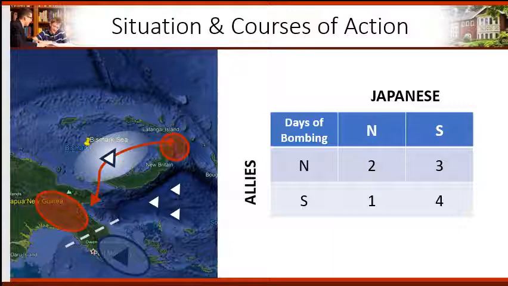And finally, the worst situation for the Allies, the best for the Japanese, would be if the Japanese ships went north, the Americans, for the most part, went south, and they only had a few planes to discover a convoy which was in the midst of clouds and obscured due to the weather. So this is the chart we have, right? 4 days of bombing, 3 days of bombing, 2 or 1. And obviously the objective here for the Allies is to maximize the number of days of bombing the convoy with the troops being transported. And for the Japanese, the objective is to minimize that number.